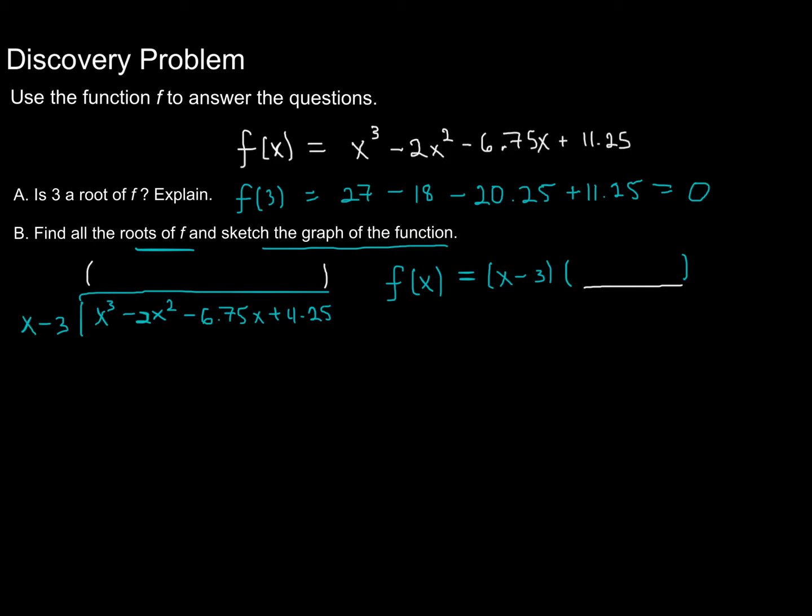How many times will x go into x cubed? Well, if I want to multiply something by x minus 3 and get x cubed, it needs to be x squared. And if I multiply x squared by x minus 3, this multiplication will give us x cubed minus 3x squared.